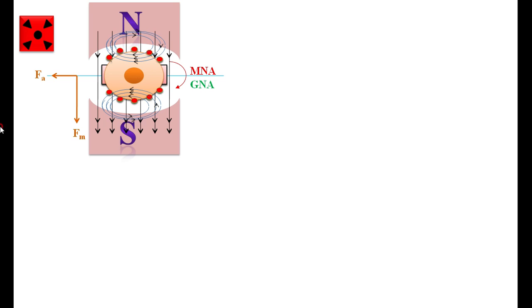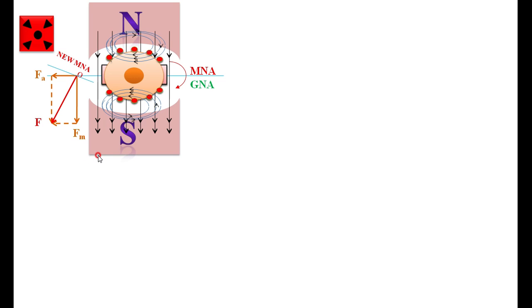Because of this main flux and the armature flux, a resultant flux is produced. I am interested in the magnitude and direction of that resultant flux. Therefore, you have to add Fa and Fm vectorially so that I get the resultant flux F.